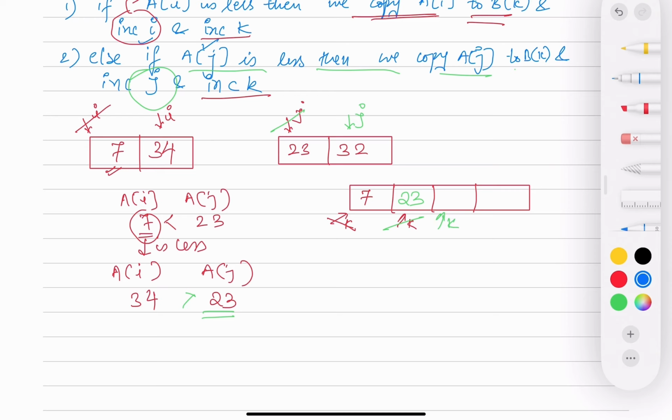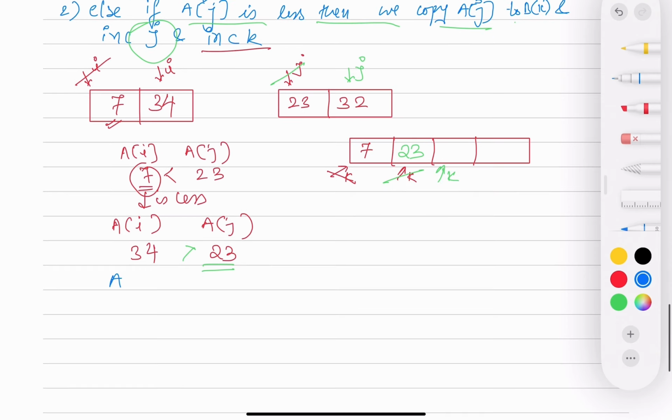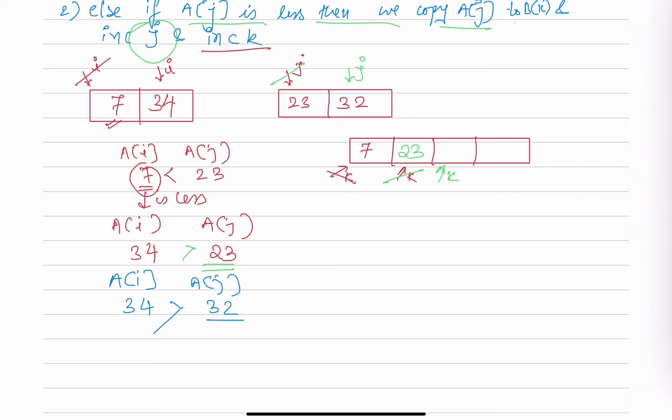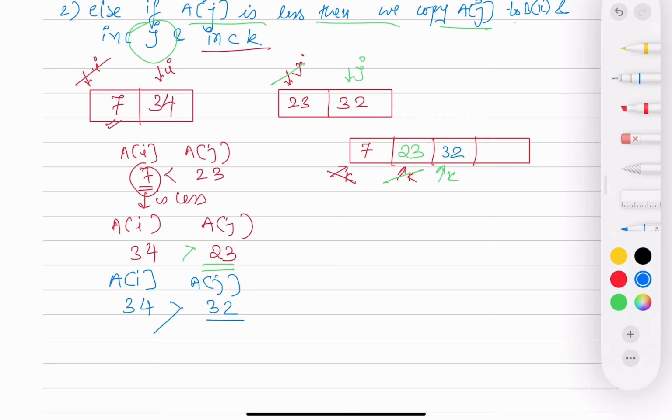Now next, a of i and a of j again compare. You get 34 and 32. Which is less? 32, right? So copy that element a of j to b of k, and increment j and increment k.